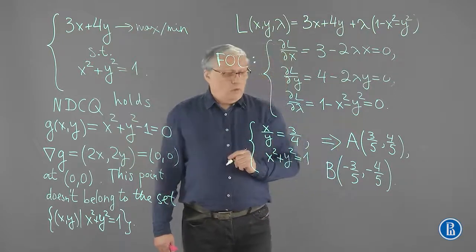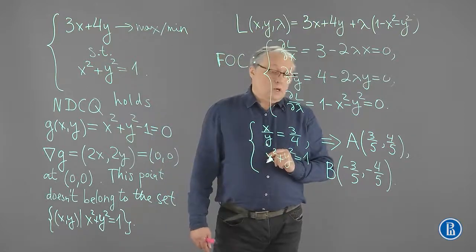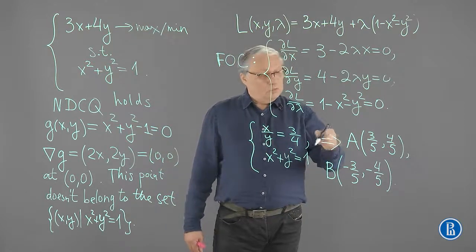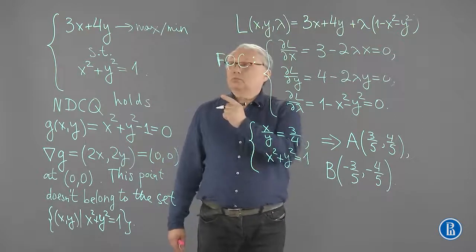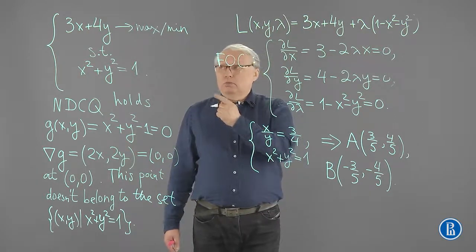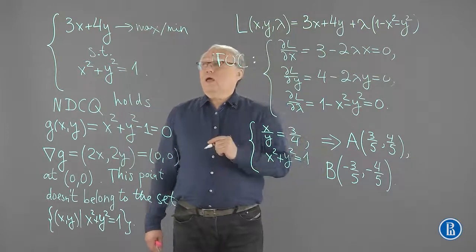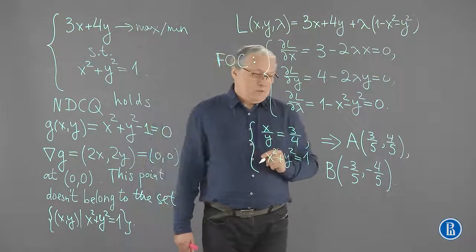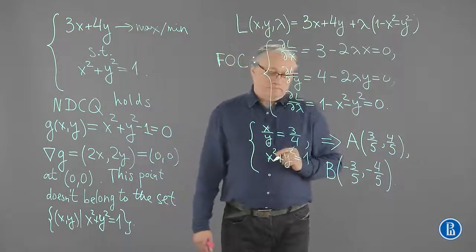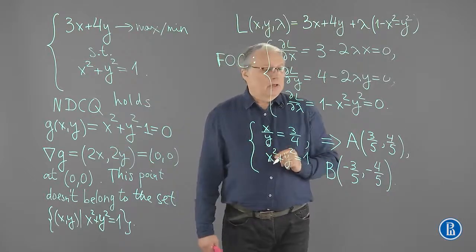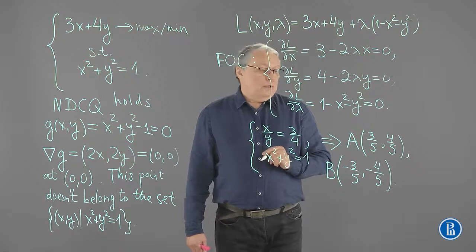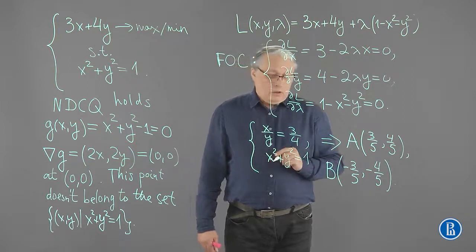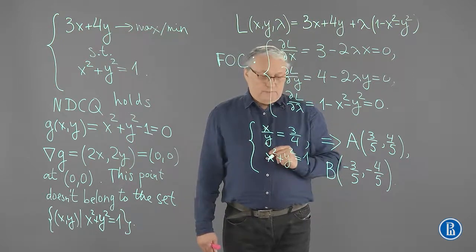But we still are not sure whether these points are the points of maximum and minimum of the given function, 3x plus 4y. So we need to study carefully whether they are points of extremum. How to do that?